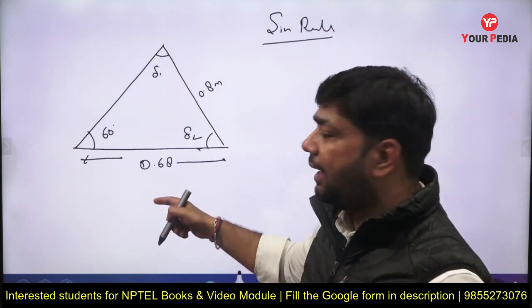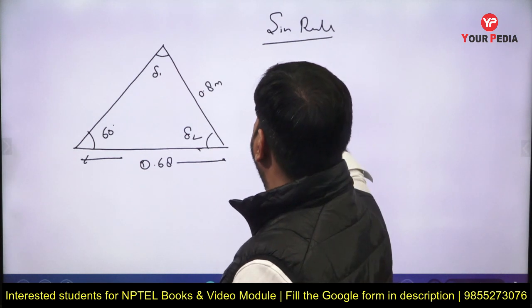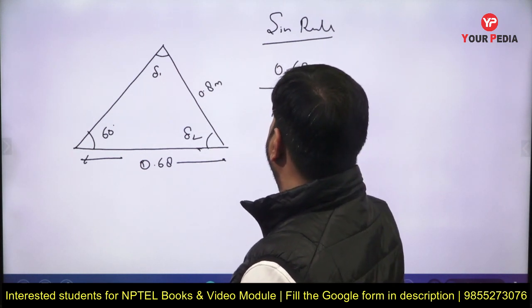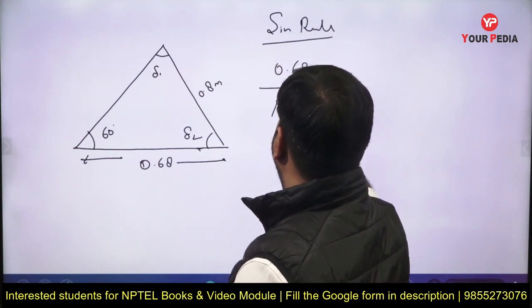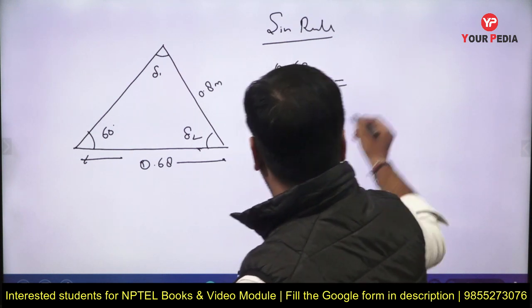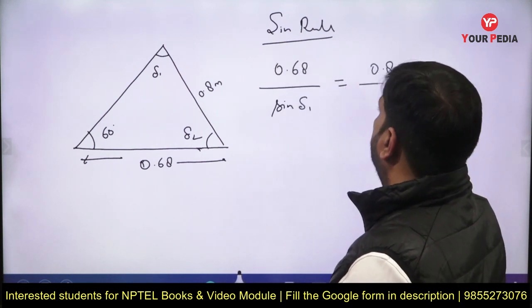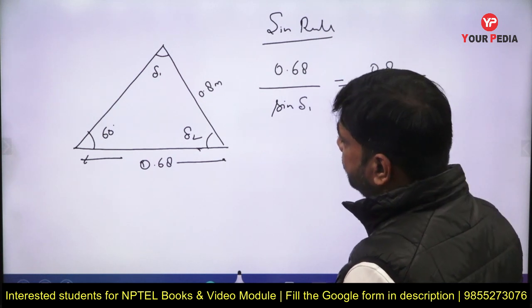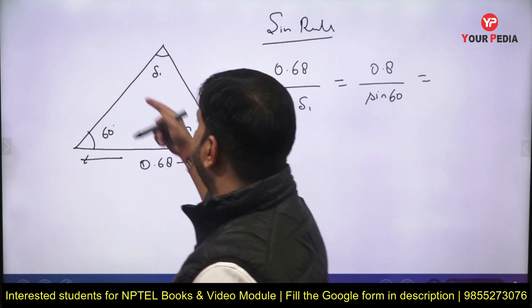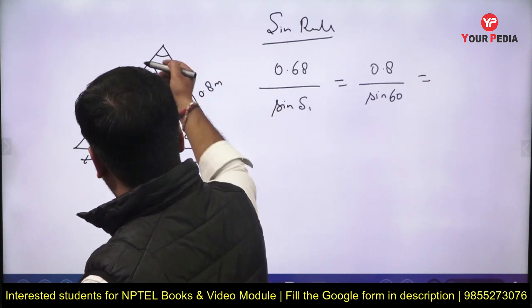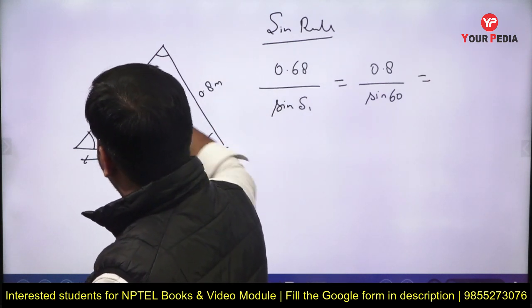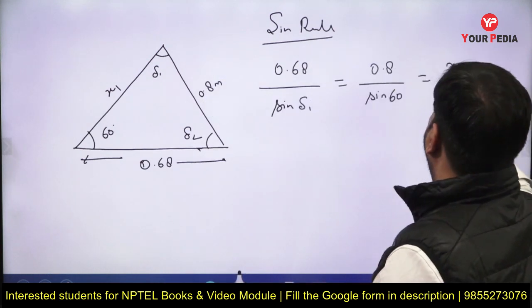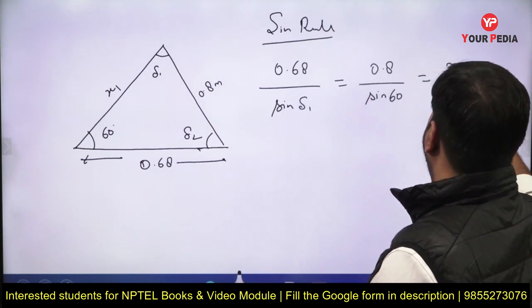So you can just apply like this, 0.68 divided by sine of delta 1 equals to 0.8 upon sine of 60 equals to, if this is something distance like this, अगर मैं इसको भी मान लूँ, हमारा क्या distance हो गया हमारा x1, this is x1 upon sine of delta 2.